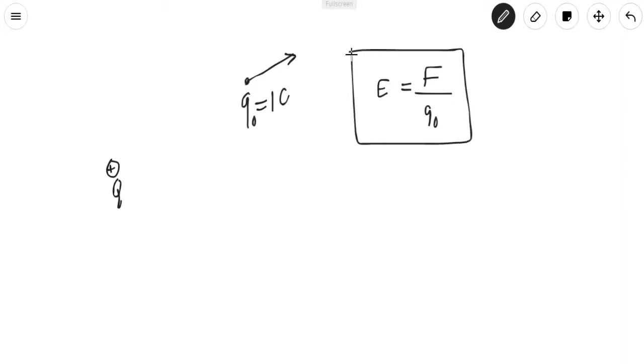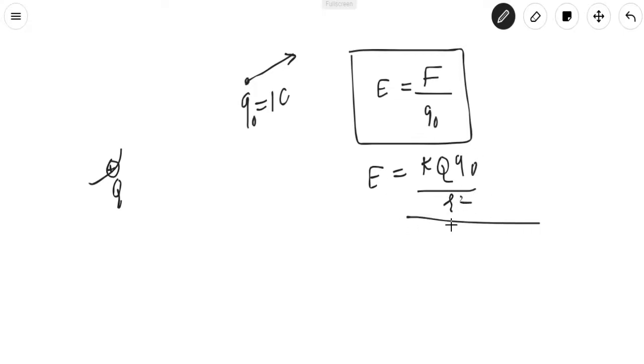So this is the first equation. Electric field is equal to the force on unit positive charge. Let's put the equation for the force. It is K, the charge of our consideration, capital Q, and the unit positive charge, called Q naught, divided by the distance between them, r square. So this is the equation for force.